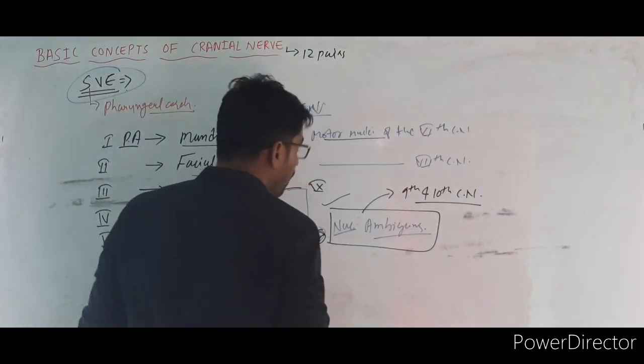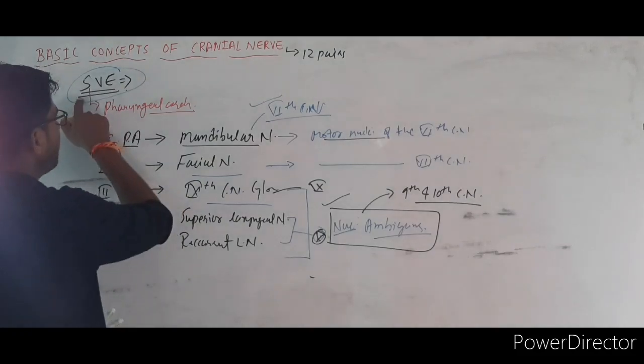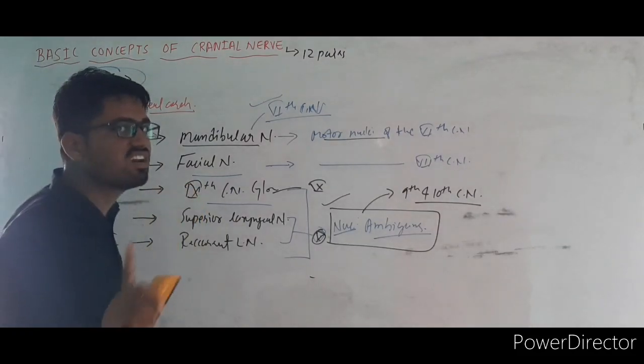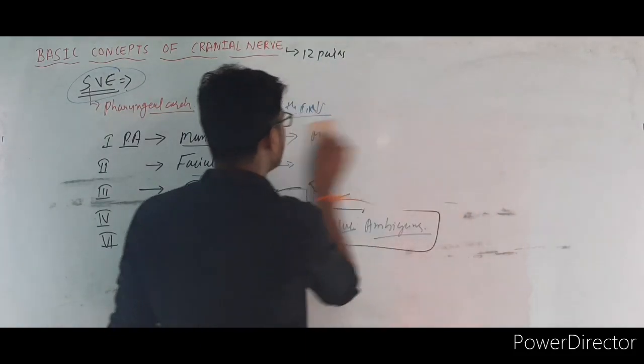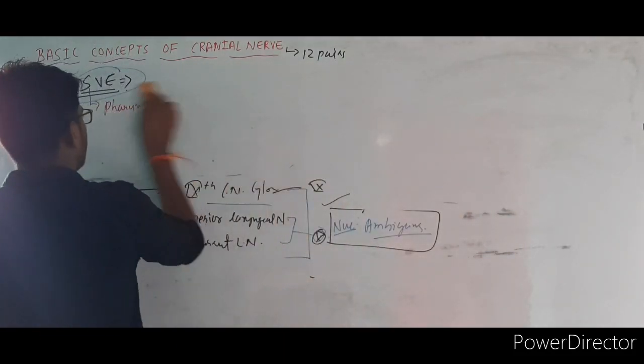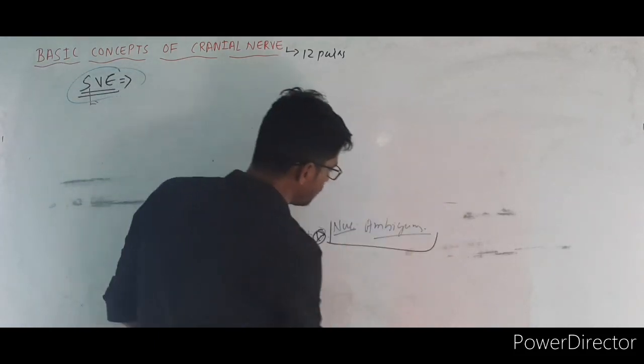Yes. So now I want to explain the general visceral efferent. General visceral efferent, that is visceral but general, right? So it will supply the glands. I hope you understood this.